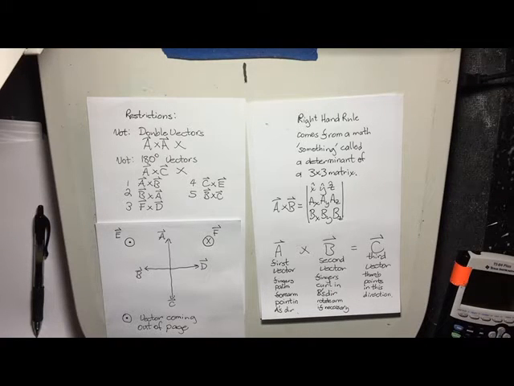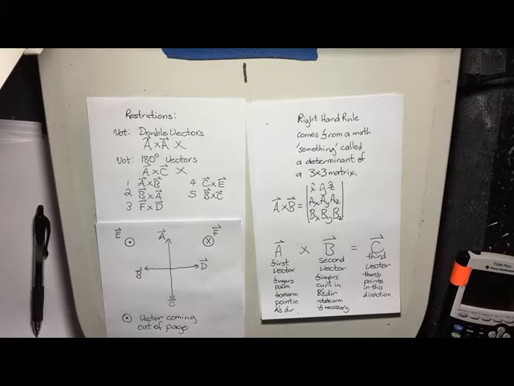F cross D, F into the board. Now D is that way. I can't bend my fingers over, so what I do is I rotate my hand, and then the fingers head that way. Thumb points towards the floor. Towards the floor is C. C cross E. C is down towards the floor.